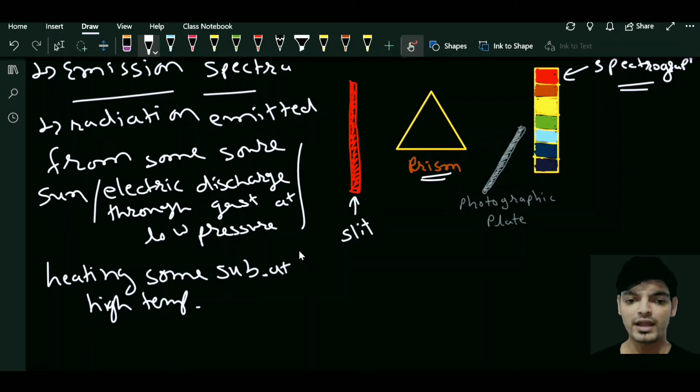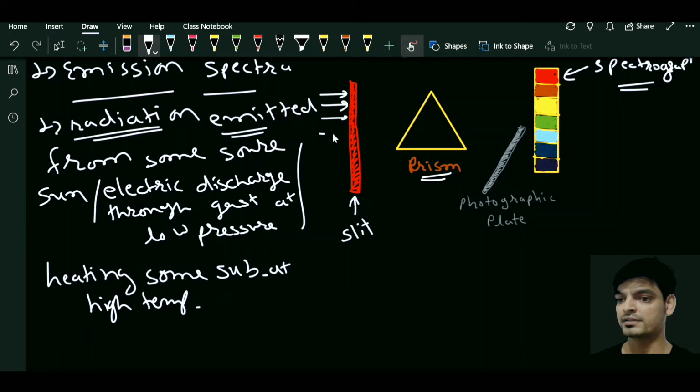Now we have to discuss the emission spectra. The radiation emitted from any of these sources, we have to pass through the slit. Suppose these are the radiations striking on the slit, and from the slit a very small and thin beam of light will pass, and we pass it through the prism.